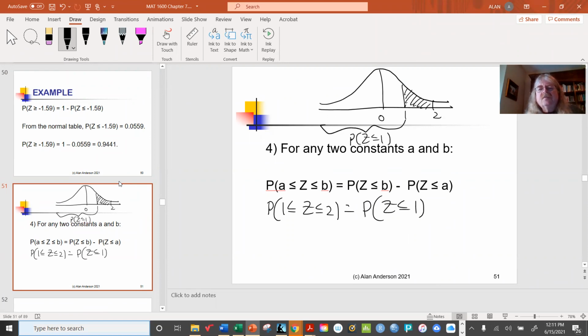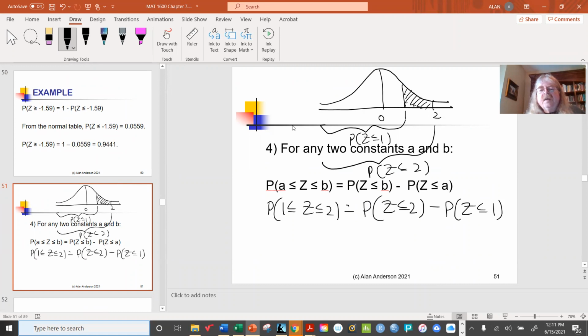And then what we'll do is subtract it from the bigger probability, which is that it's less than or equal to 2. And the difference between these two will give us the probability that we need. So this in between is the same as being the difference between the two cumulative probabilities.